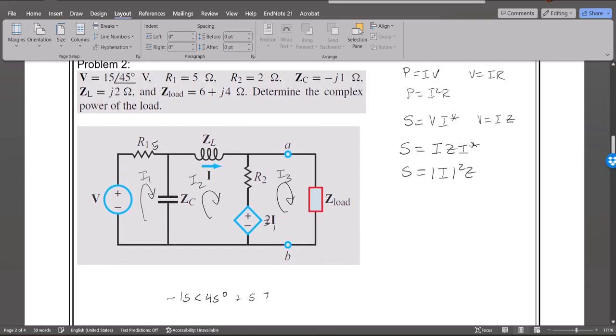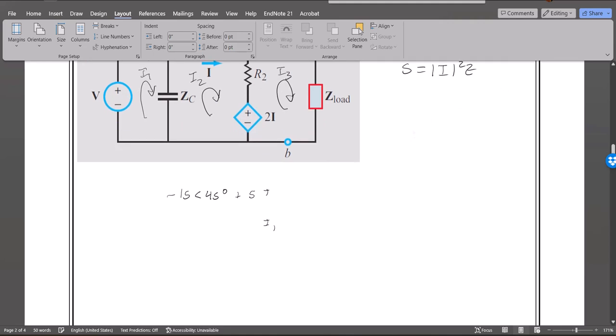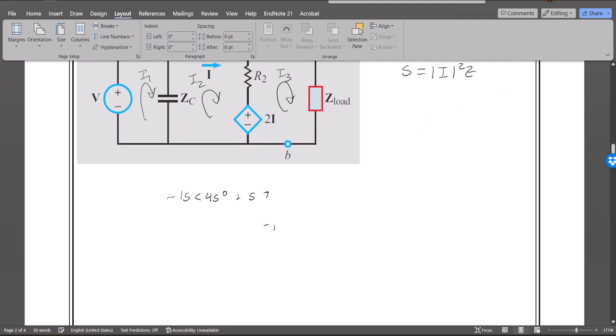Our capacitor was minus J1, so that'll be minus J1 times I1 minus I2, and that equals 0.